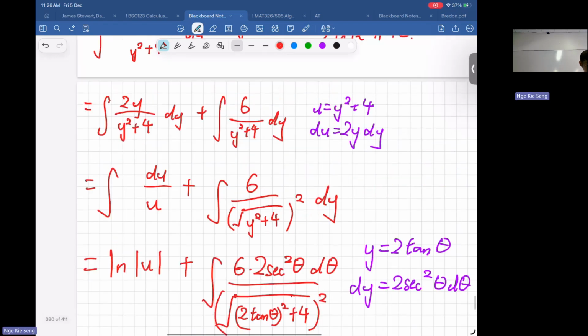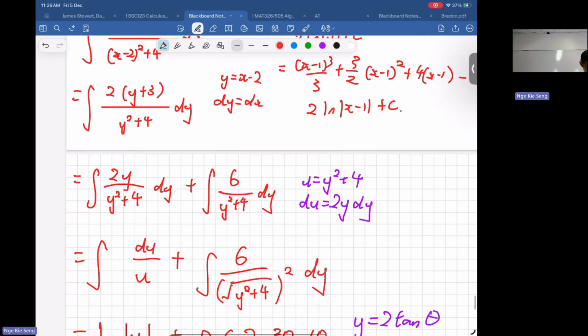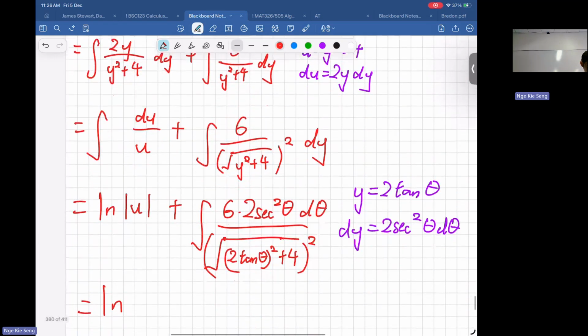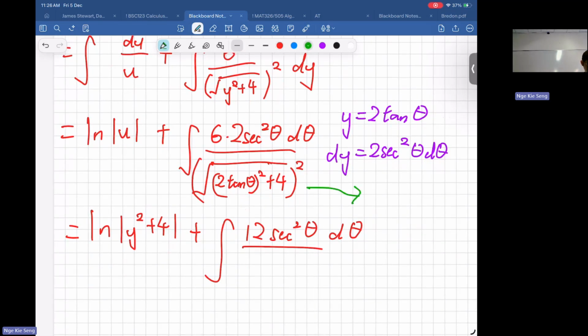So ln u, can we put the u back? I think we are okay to put the u back. What's our u? Our u is y squared plus 4. And then this, what is this? So 12 secant squared theta d theta over, what's the bottom here? The bottom here becomes 4 tangent squared theta plus 4. So this is 4 times tangent squared theta plus 1.